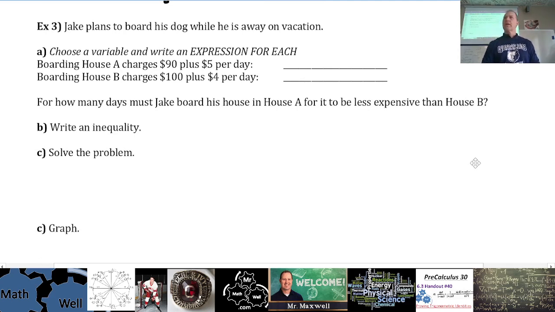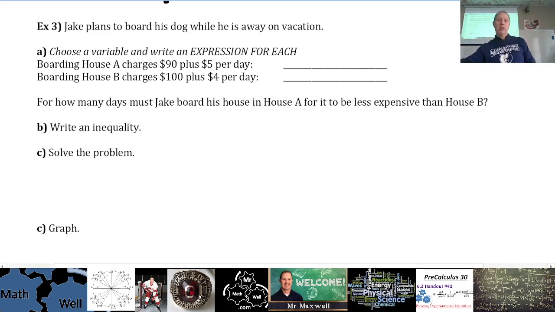So we remember from equations that $90 here in this case would be a flat rate. So you bring your dog, they say yes, they'll take care of your dog. You owe $90 right there, just for them saying yes, they'll take your dog. And then it depends on how long you leave it after that is how much more money you owe, $5 per day. So let's choose a variable for each and write an expression for each.